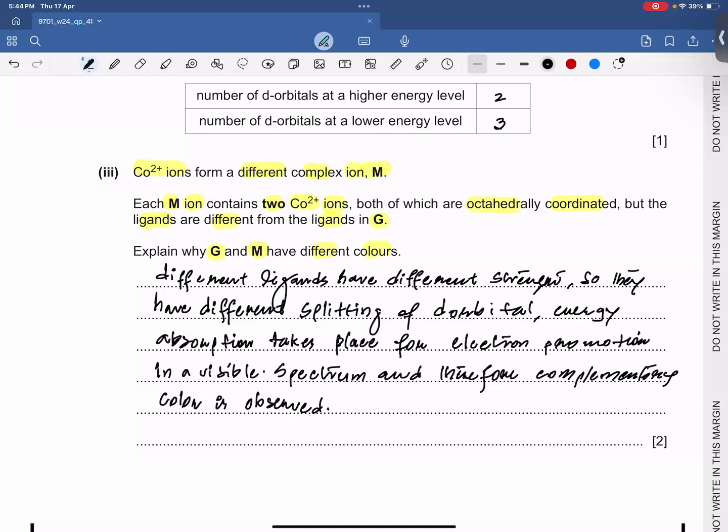That's the explanation I can think about. Let's move on to the next page.